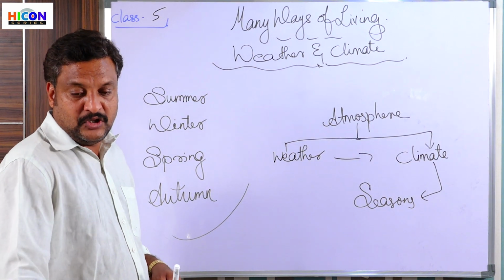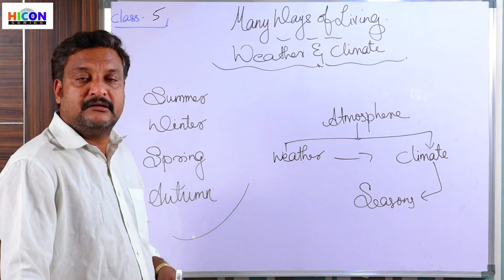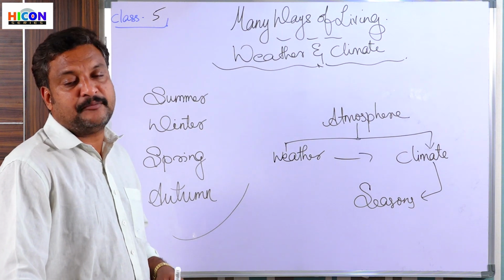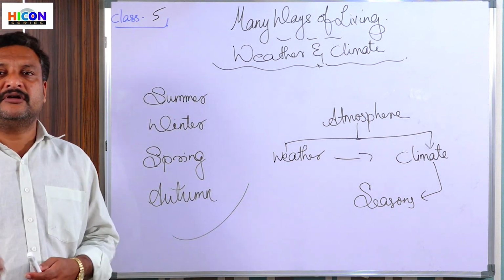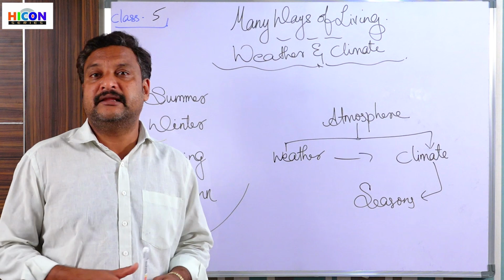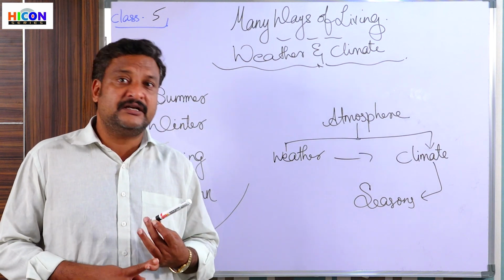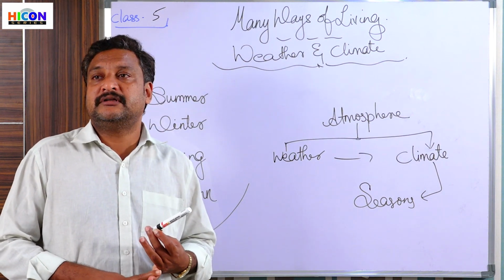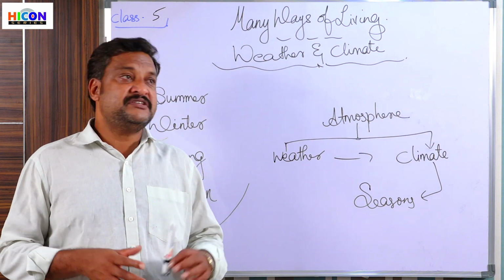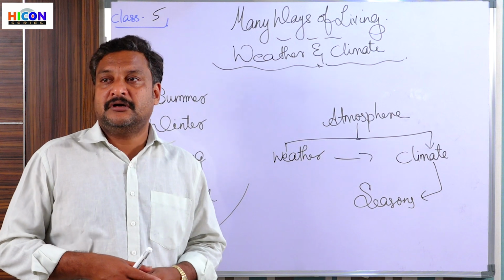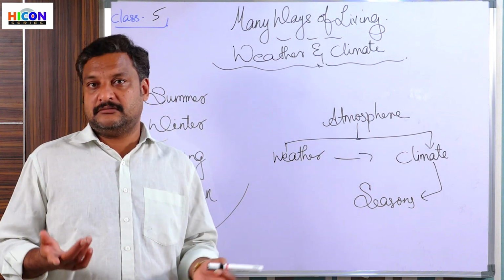Okay. Now, based on the climate, there are a lot of changes happening actually. So if the climate of a region has a lot of rain, the kinds of trees that grow over there or the animals who live over there also change. If it is very hot over a region, we have seen the camel.